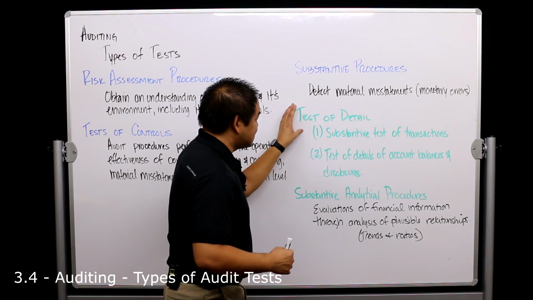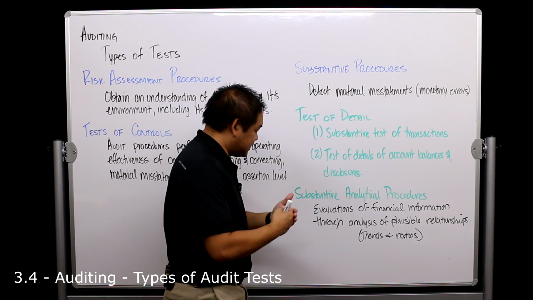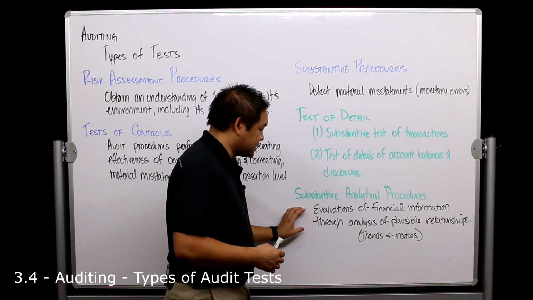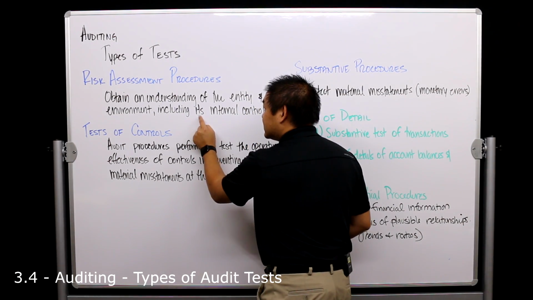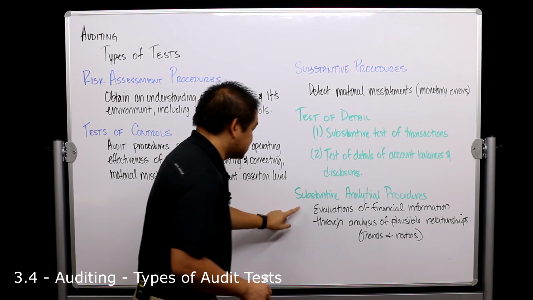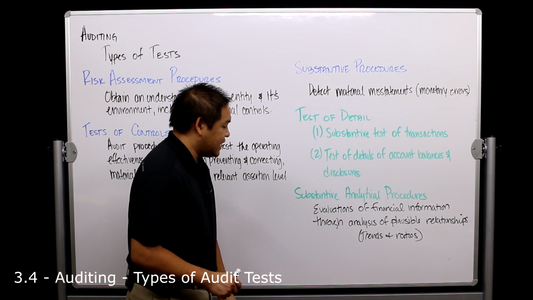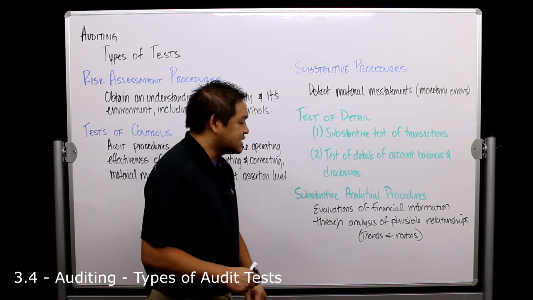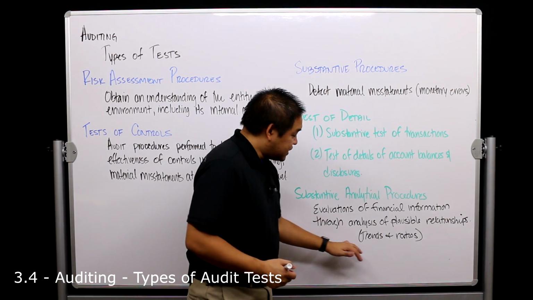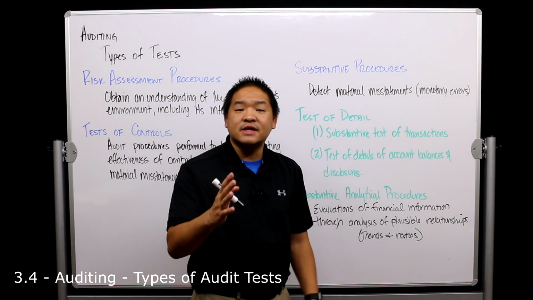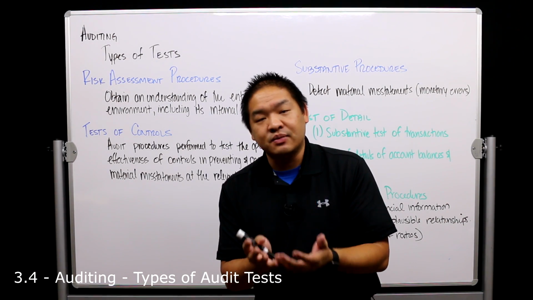So we've got test of details, which is the actual test of details, and then substantive analytical procedures. What are analytical procedures? We talked about them over here in the risk assessment, but analytical procedures are evaluation of financial information through the analysis of plausible relationships. We call this trends and ratios. For instance, let's take this very simplistic example.